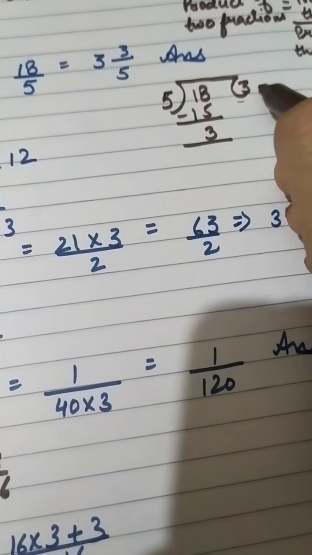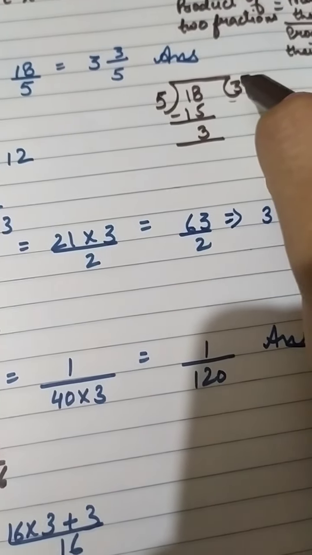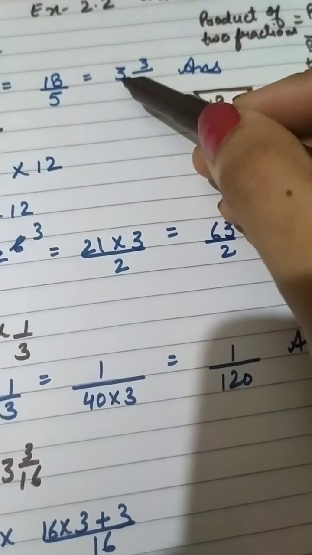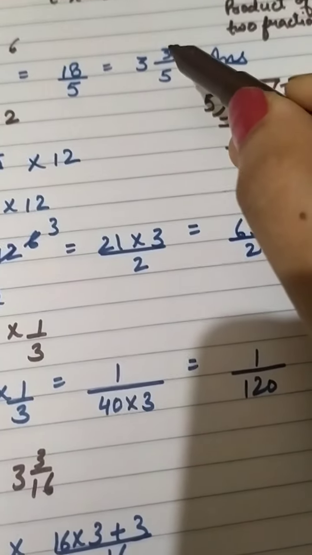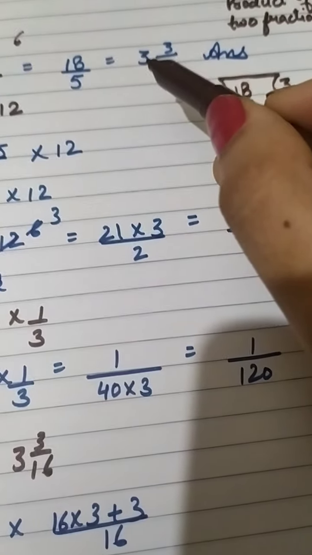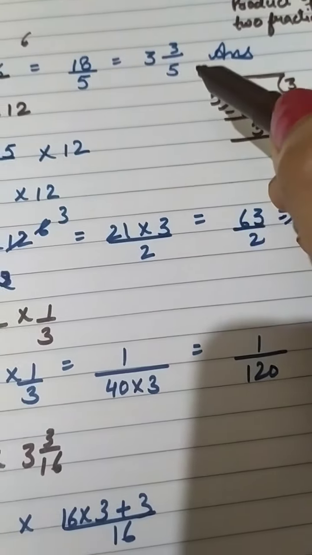So this quotient will come here as the whole number, and this remainder as the numerator, and this is the denominator only. So 5 will be the denominator only, but the remainder becomes the numerator and the quotient becomes the whole number. Clear? So we get 3 whole 3 upon 5.